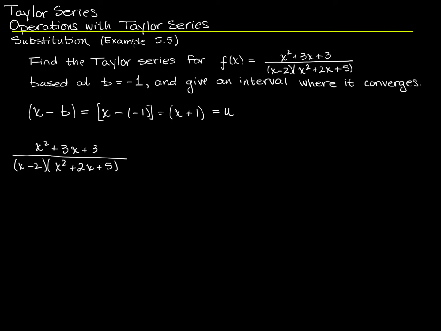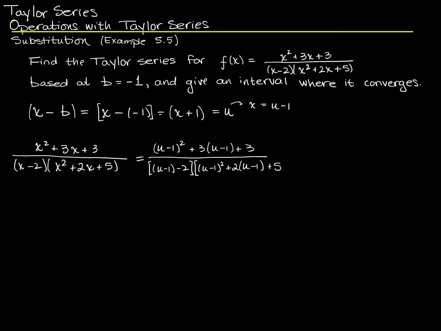It looks pretty good. And now I'm going to make that substitution in line. Everywhere I have an x, I have x equals u minus 1, so everywhere I have an x, I'm going to write a u minus 1. So I have x squared plus 3 times u minus 1 plus 3, all over u minus 1 minus 2 times u minus 1 squared plus 2 times u minus 1 plus 5.